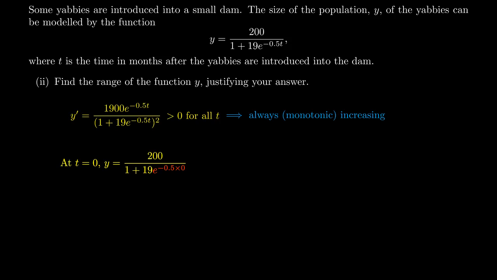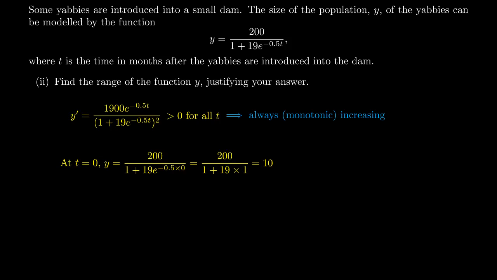Now of course e to the 0 is just 1, and so we calculate that quickly and we get 10. What that tells you is that there were 10 yabbies at the start. And because it's always increasing, the range of the function must be bigger than or equal to 10.